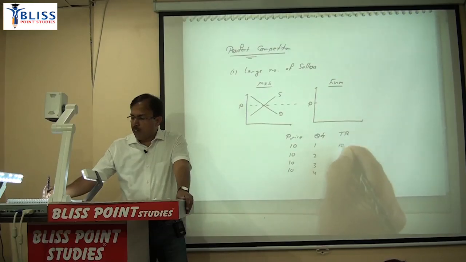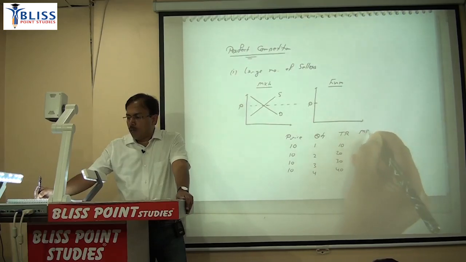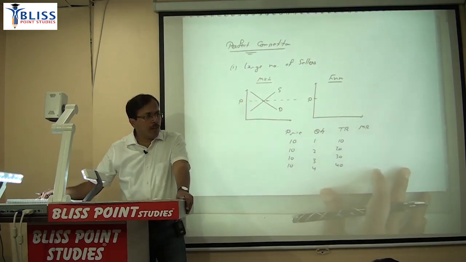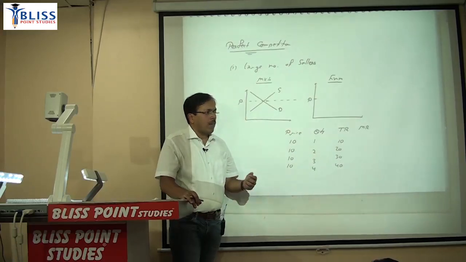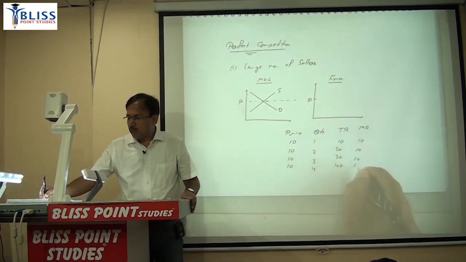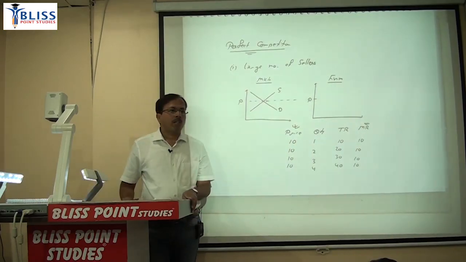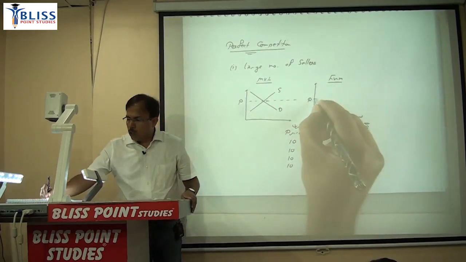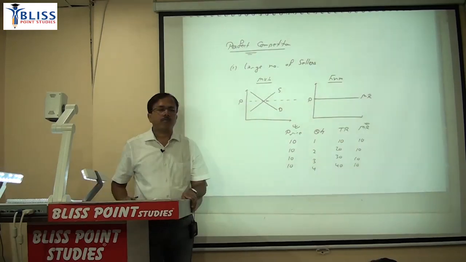So it will be 10, 20, 30, 40. What is the meaning of marginal revenue? Addition to revenue. So what is the addition to total revenue every time? Every time the addition to revenue is 10. So this price is equal to what? MR, and therefore you draw this line horizontal. This is your MR line as well.